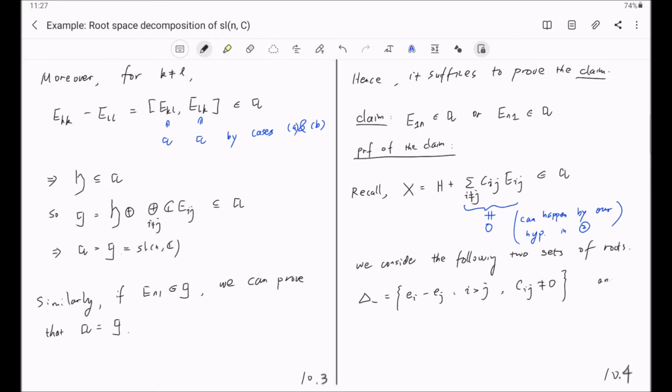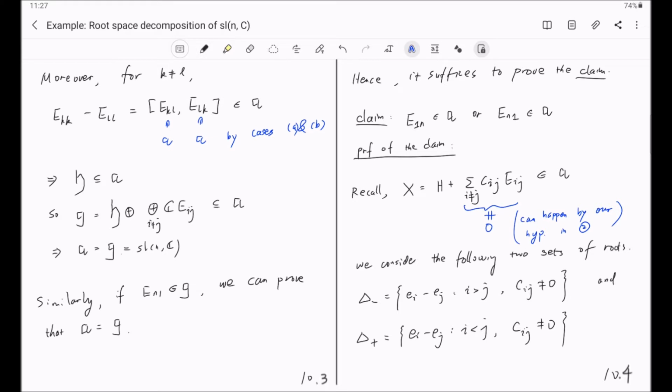And delta plus, which is a set of roots E sub i minus E sub j, where i is less than j and C sub ij is non-zero.